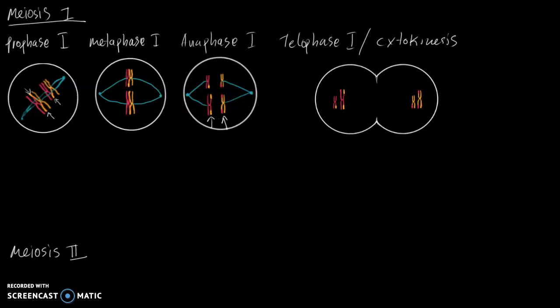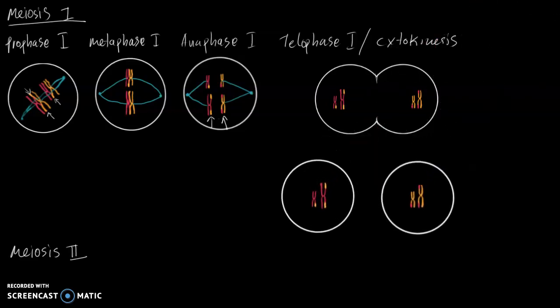Then we get a complete division that gives us these two cells in cytokinesis. Up to this point, the cell division is known as meiosis I. It's also known as the reduction division.